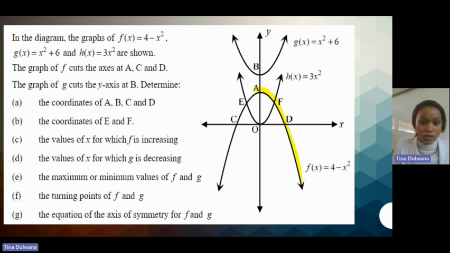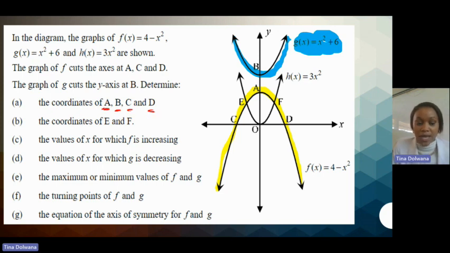Here's graph of F. You're going to see it cuts C, D, and F. You also want to take your highlighter and highlight another graph, which in this case would be that. Now they're asking us to calculate the coordinates of A, B, C, and D. They do say that G cuts the y-axis at B. Okay, so we've already seen that the graph of G cuts the y-axis at B.